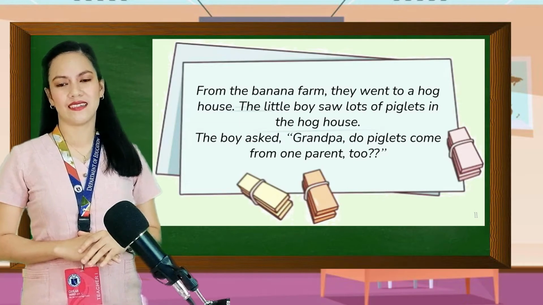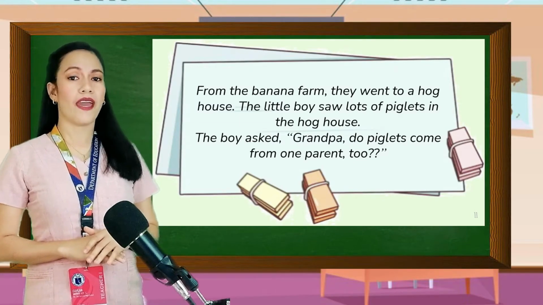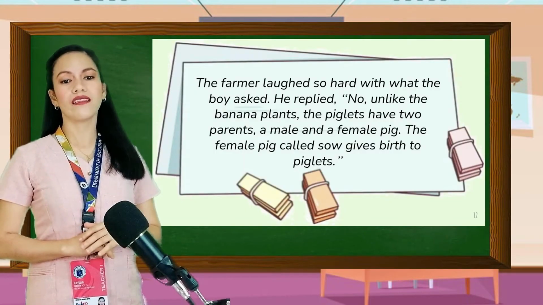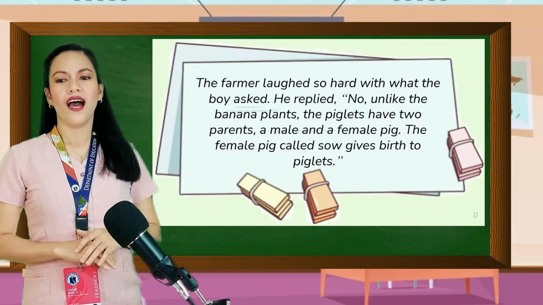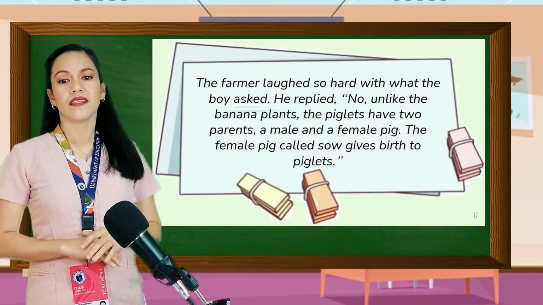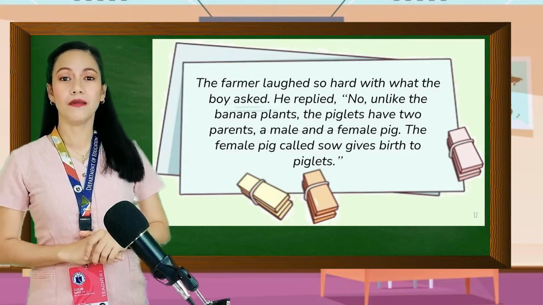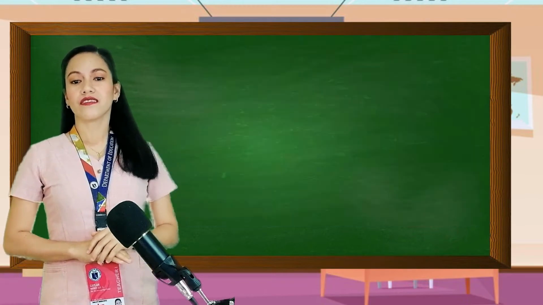The boy asked, "Grandpa, do piglets come from one parent too?" The farmer laughed so hard with what the boy asked. He replied, "No, unlike the banana plants, the piglets have two parents, a male and a female pig. The female pig called sow gives birth to piglets."